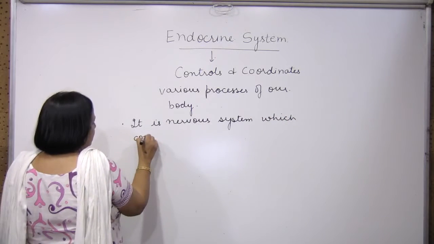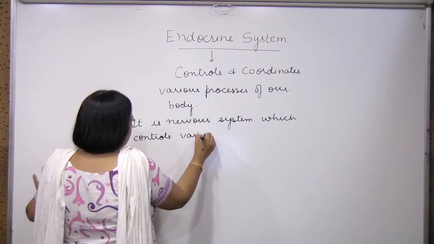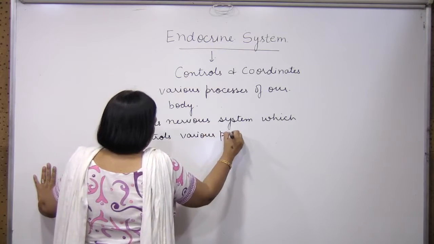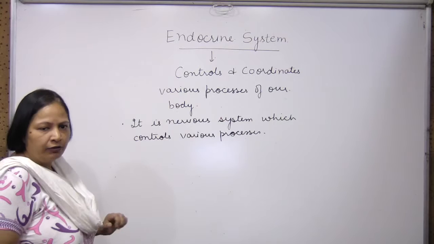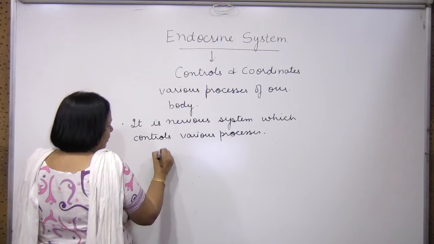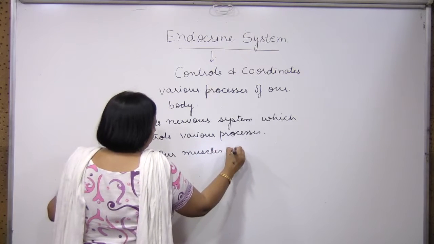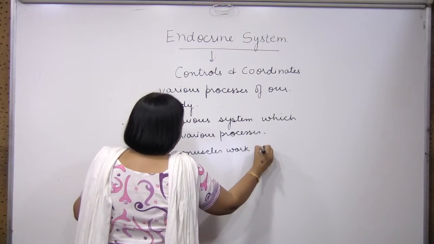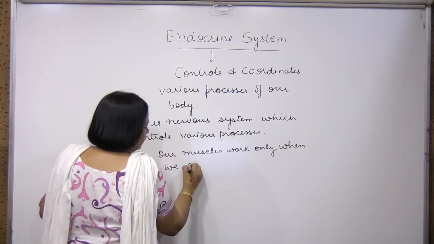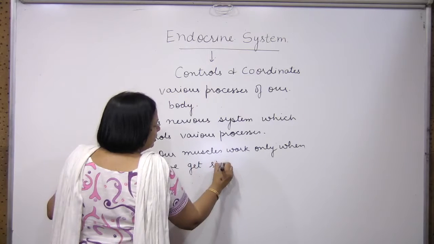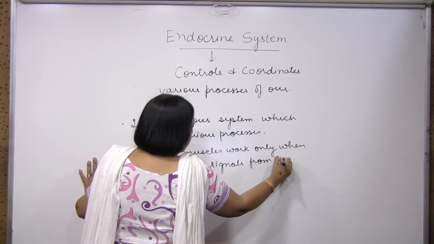It is the nervous system which controls various processes in our body. For example, our muscles work only when we get signals from the nervous system, from the central nervous system.